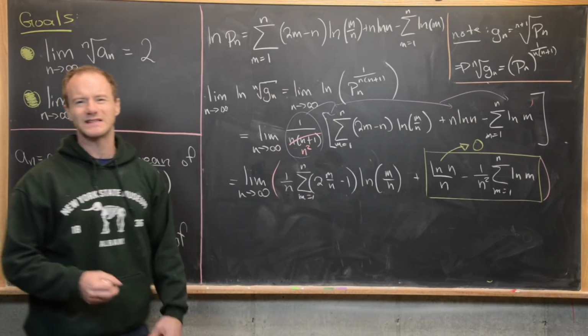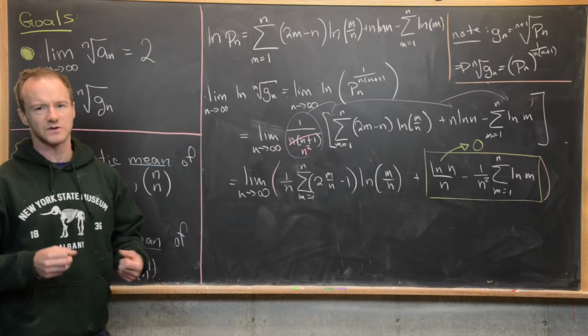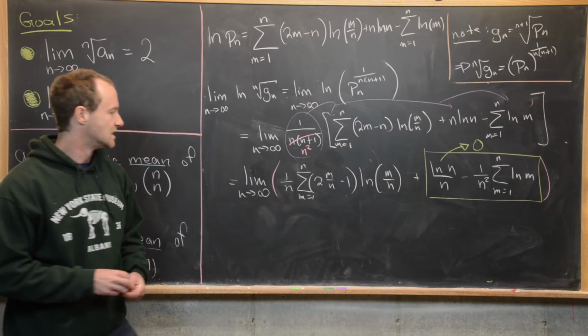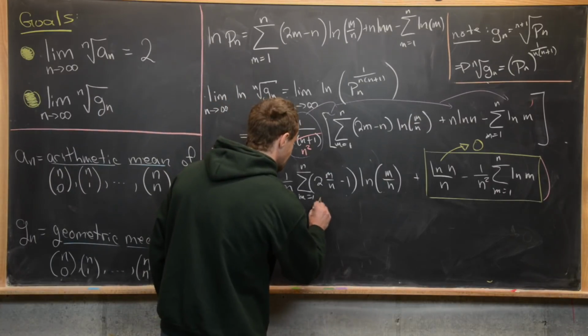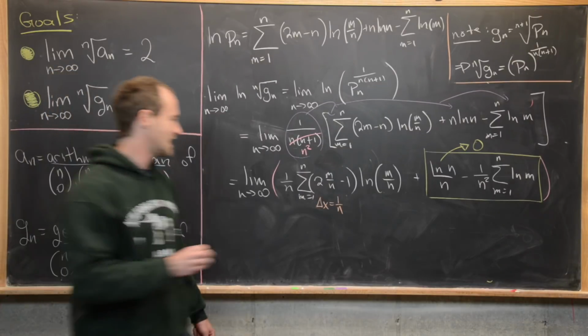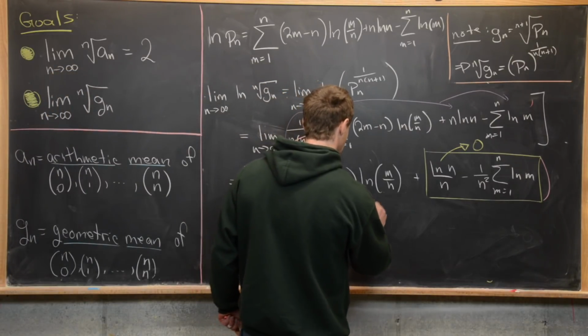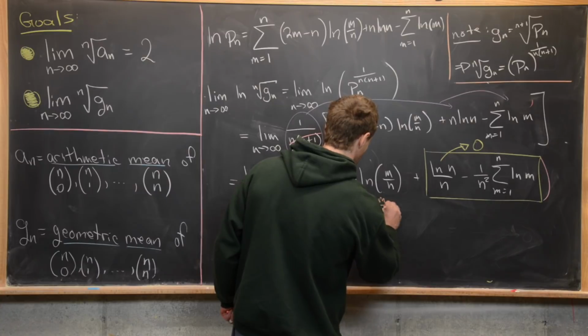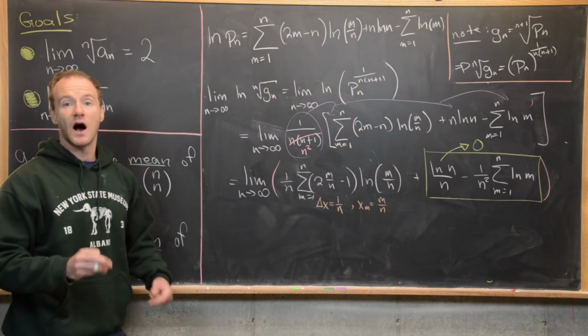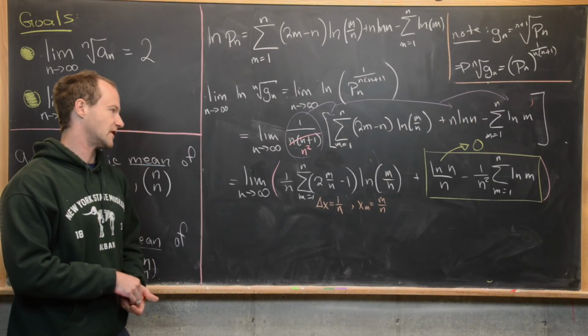So we wanna be inspired from something from Calculus 1 or Calculus 2 to simplify this remaining sum. So I wanna notice that if I set delta x equal to 1 over n, and then I set x sub m equal to m over n, then this looks like the Riemann sum of the integral of a certain function.